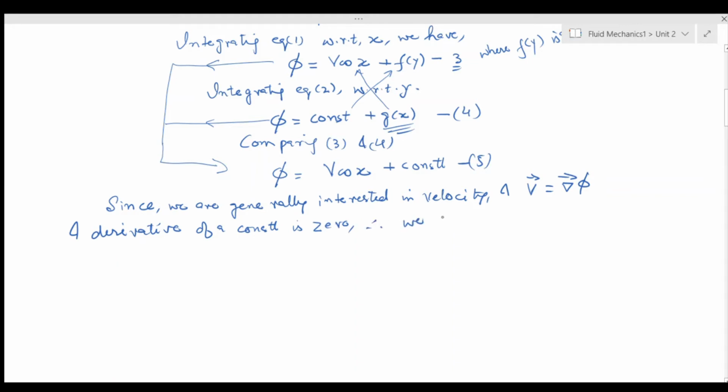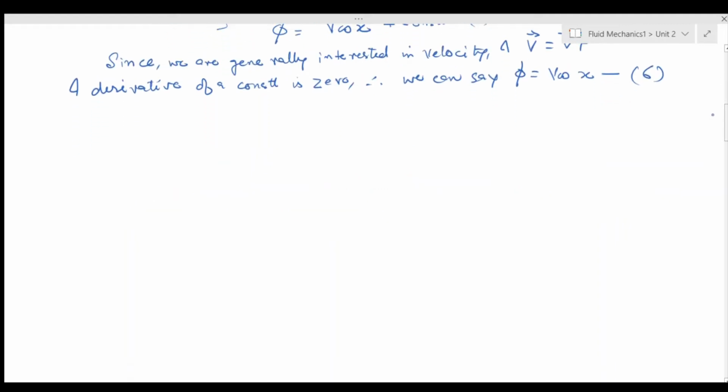Therefore, we can say that our phi is simply v infinity times x. It is as simple as that.